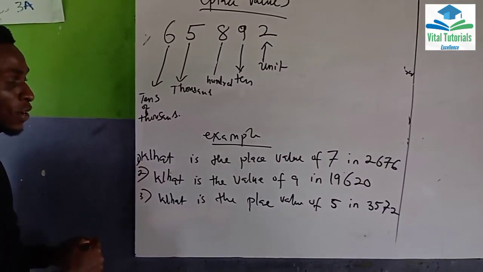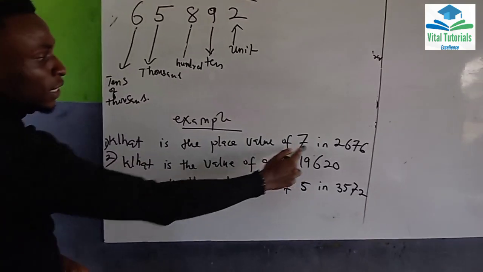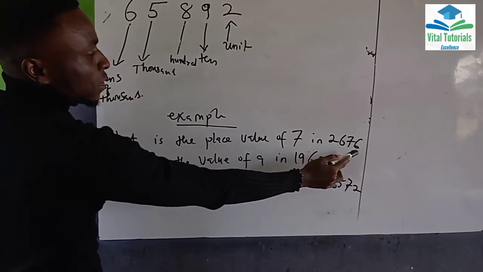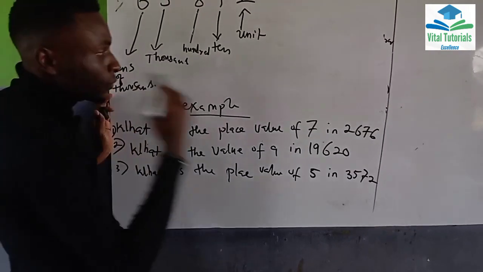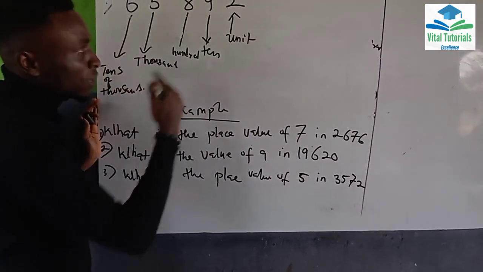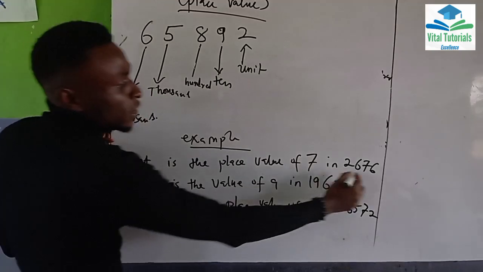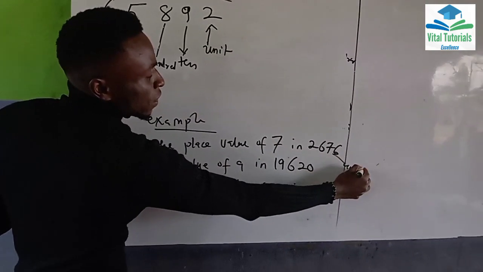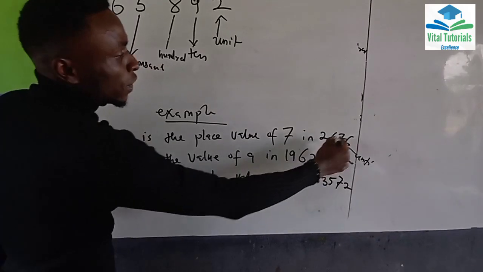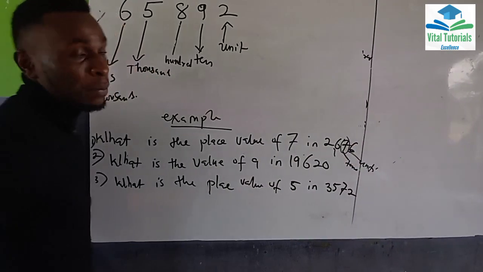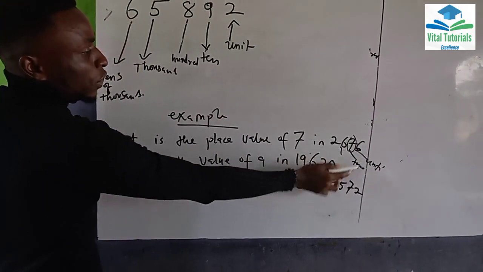Let's look at some examples down here. The first example is: what is the place value of 7 in this number, 2676? To look for the place value of 7, we use something similar to this. This is units, while this is tens and this is thousands. Therefore, you can see that the 7 appears at the point where you have the tens.